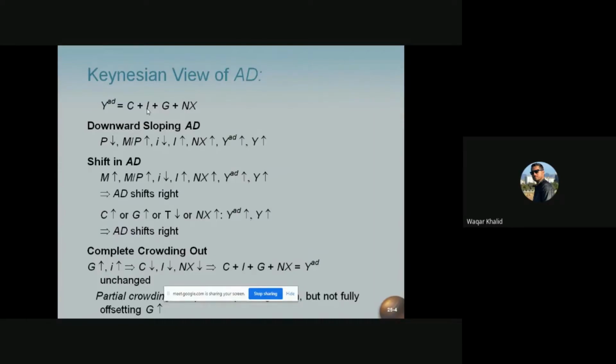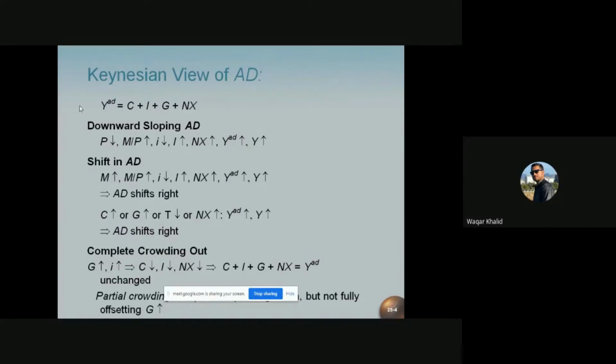The question is how we can derive the aggregate demand curve from the Keynesian view. As you know, Keynesian analysis suggests that the aggregate demand curve is downward sloping. Suppose the value of M is constant, and if we increase the price level, what will be the result?